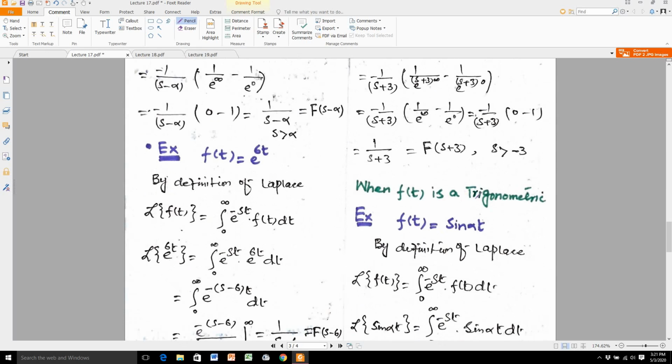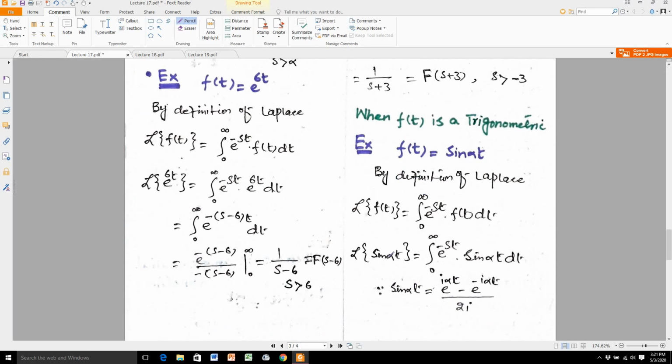When F of t is a trigonometric function, I take here F of t equal to sine alpha t. By the definition of Laplace, it is the integral from 0 to infinity of e raised to the power minus st times F of t dt. Here I substitute the value of F of t, sine alpha t, so it is the integral from 0 to infinity of e raised to the power minus st into sine alpha t.